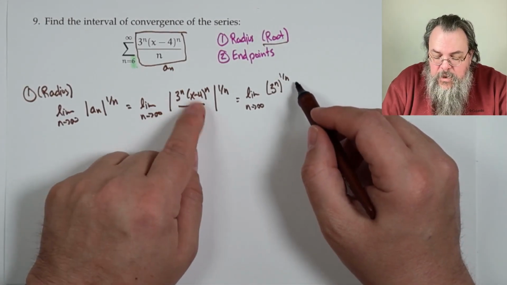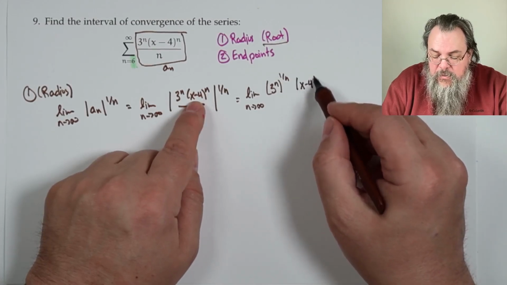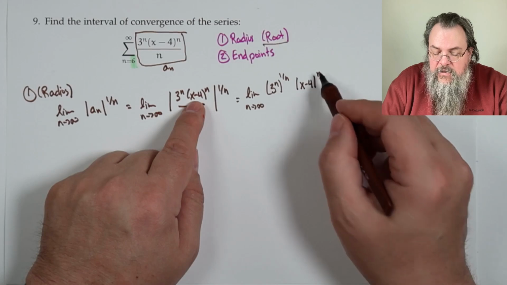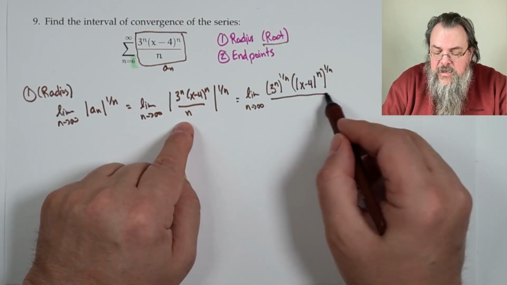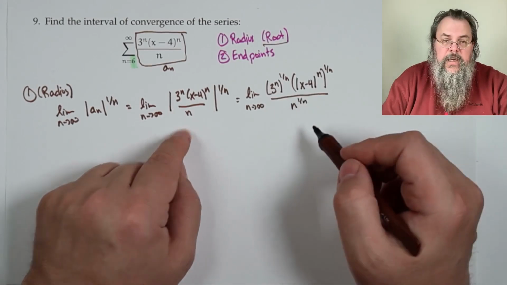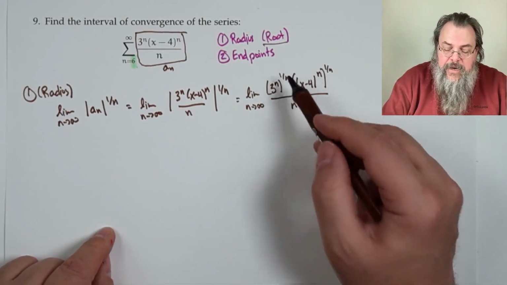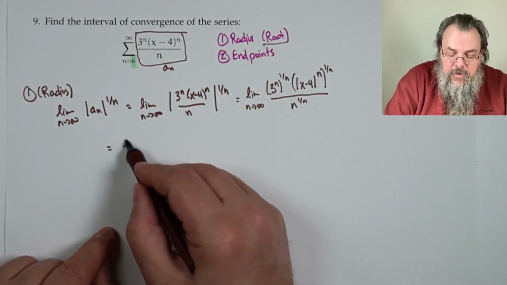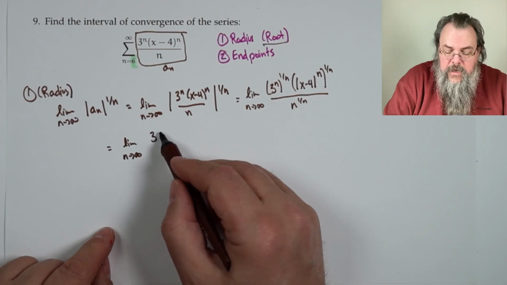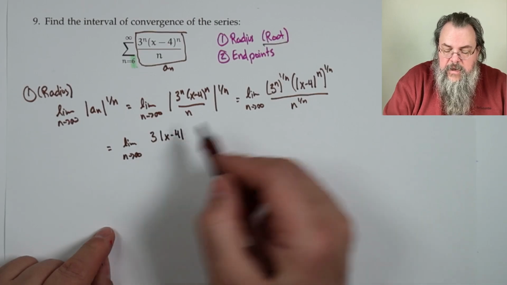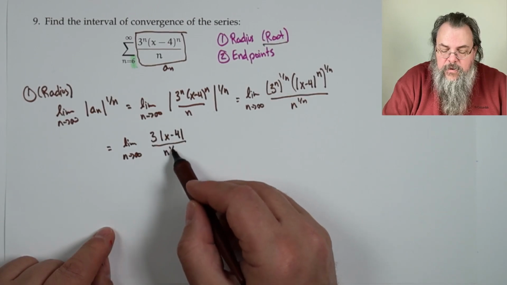The absolute value will come into play here because x minus 4 could be negative. We don't know, so we have to put that in absolute value. So (x minus 4) to the n, to the 1 over n, and downstairs we have n to the 1 over n. A power to a power, we multiply the powers together. So this becomes the limit as n goes to infinity of 3 times the absolute value of x minus 4, and then you have an n to the 1 over n.